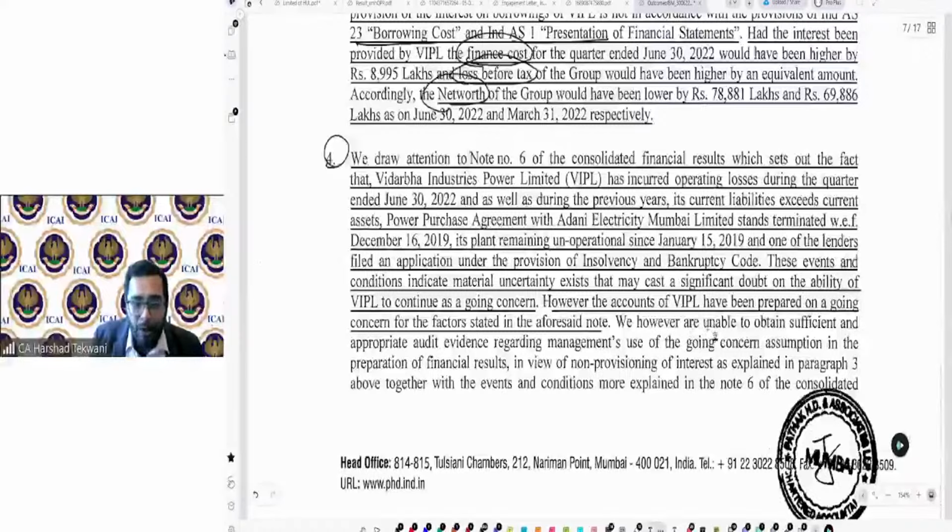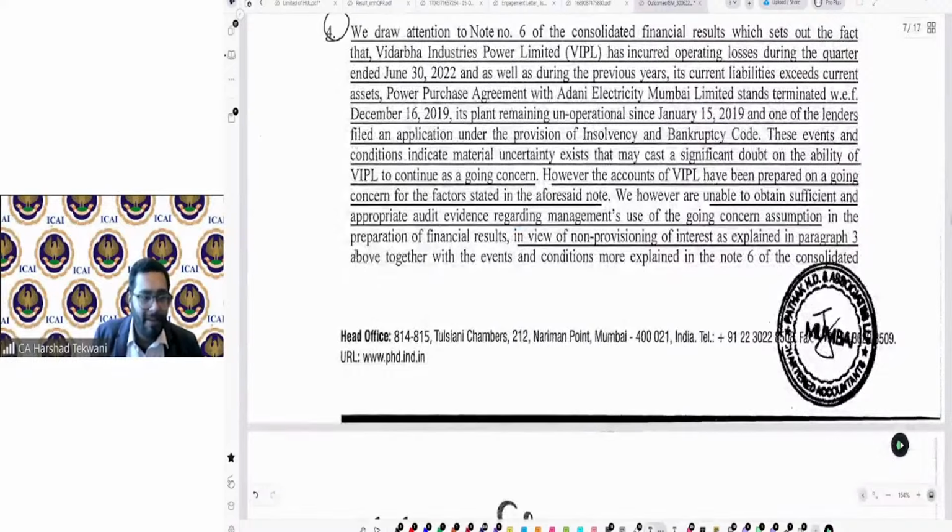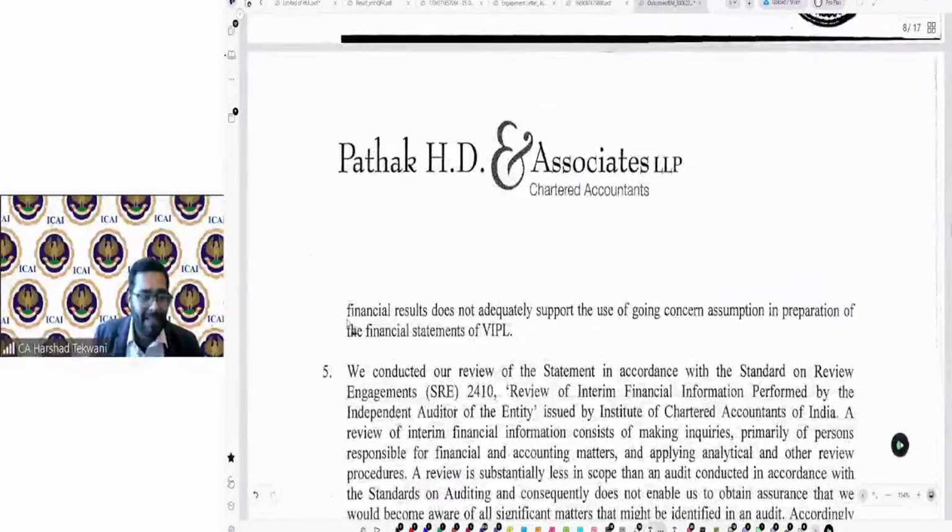We are unable to obtain sufficient and appropriate audit evidence regarding management's use of the going concern assumption. In view of non-provision of interest as explained in paragraph 3, together with the events and conditions explained in note 6, the financial results do not adequately support use of the going concern assumption in preparation of the financial statement.